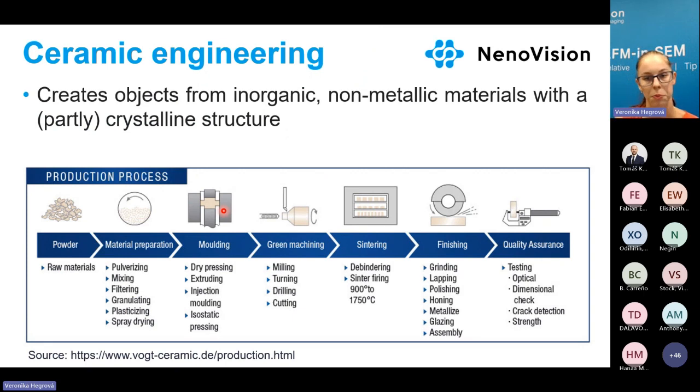why it is important to measure the surface properties is because ceramic devices are composed of inorganic, non-metallic materials with a partially crystalline structure, and from the powder, there's a material prep. Through the process, we get the actual device. So it is important to understand the properties at the beginning, so we know what production process to use.